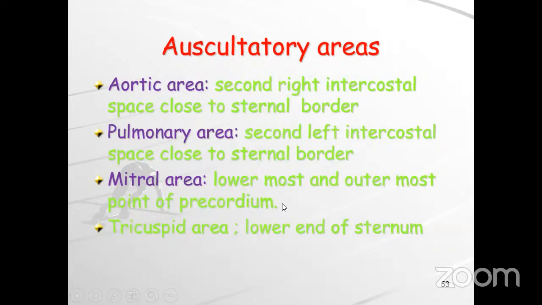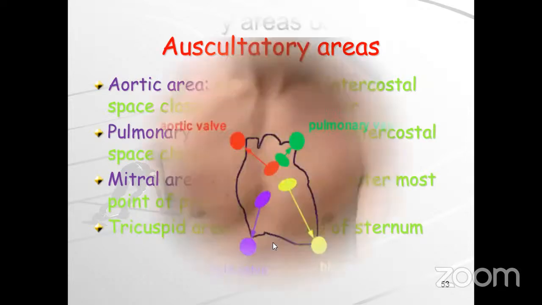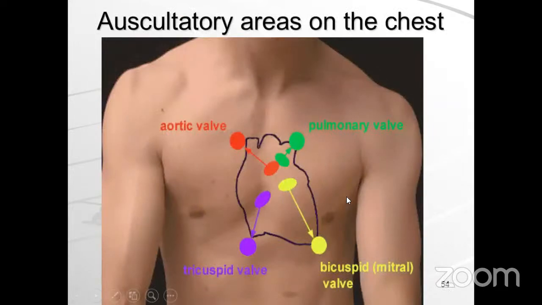The mitral area is at the lowermost and outermost point of the precordium. The tricuspid area is at the lower end of the sternum. These are the auscultatory areas of the chest where the vibrations of each valve are heard or felt more prominently.